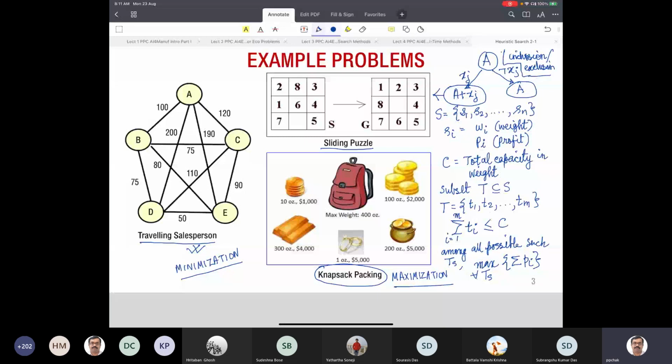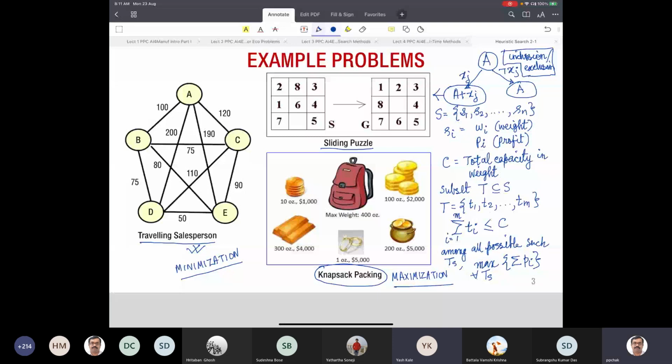Can somebody else tell me what is the goal node definition here? How is a goal node defined? Or we have already another item within the weight limit.